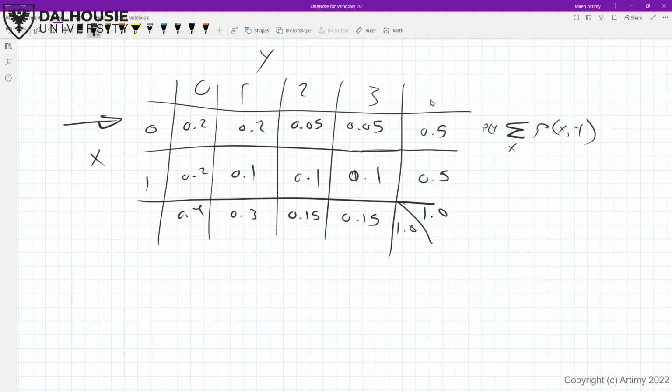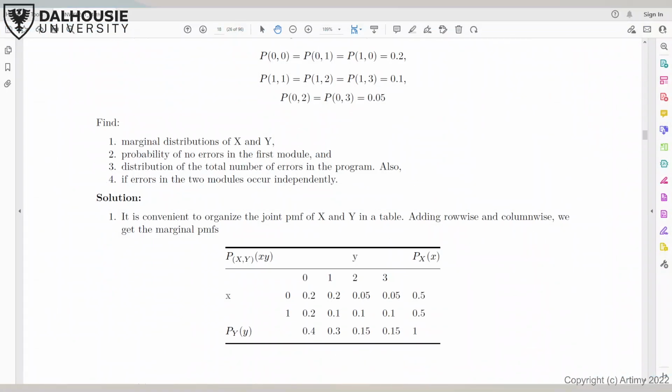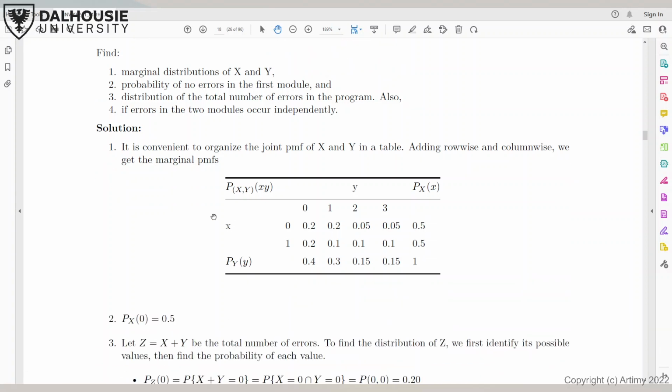As with the matrix here, if I am adding all the columns and fixing the x here, so x is 0 for all of them, right?